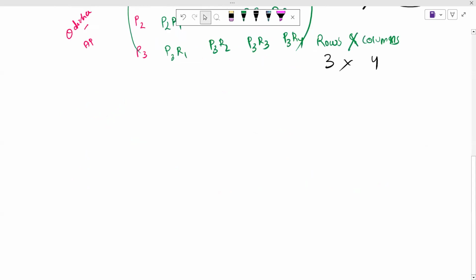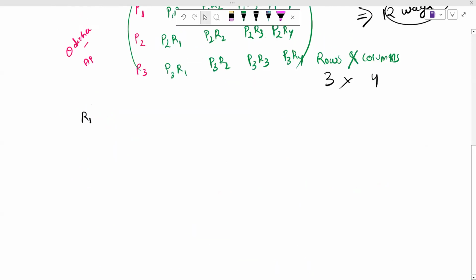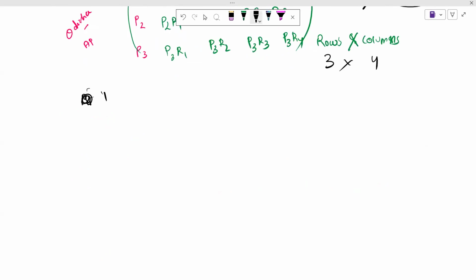Or else you can say it like this. Take road 1: P1 can go with R1, R2, R3, or R4. It means P1 has 4 ways. Similarly, P2 has 4 ways, and P3 has 4 ways.